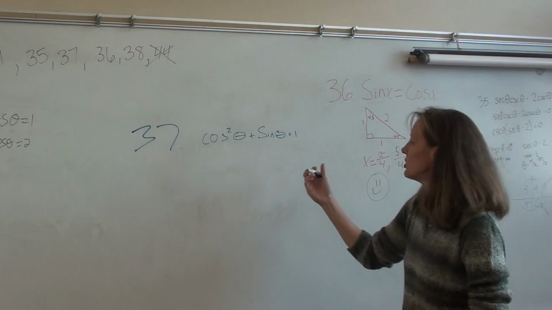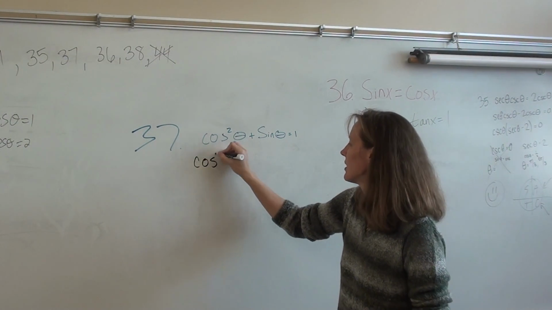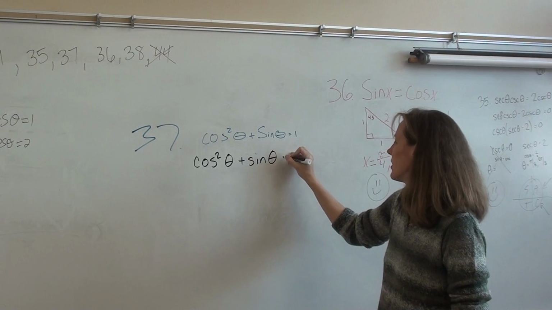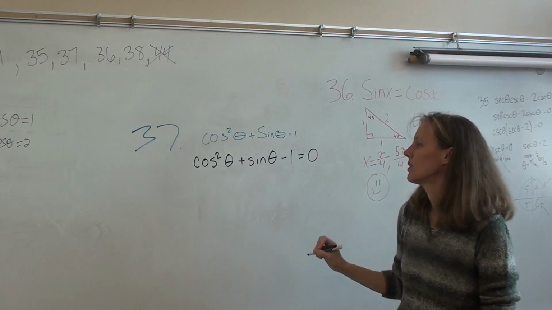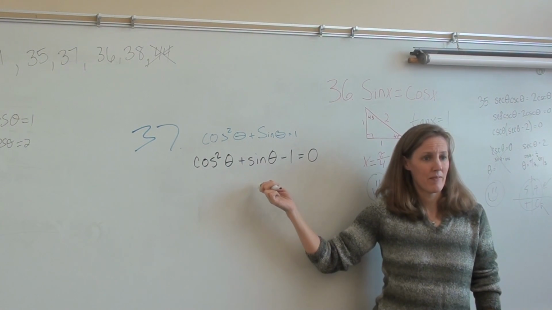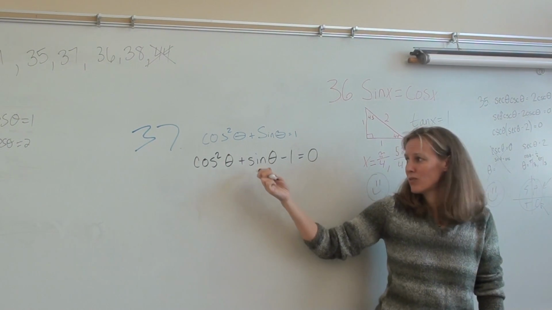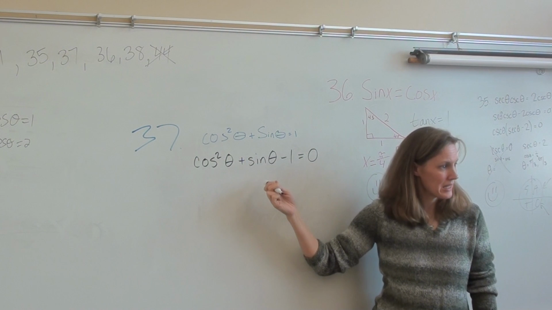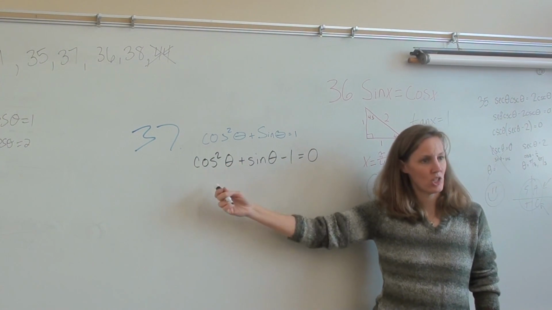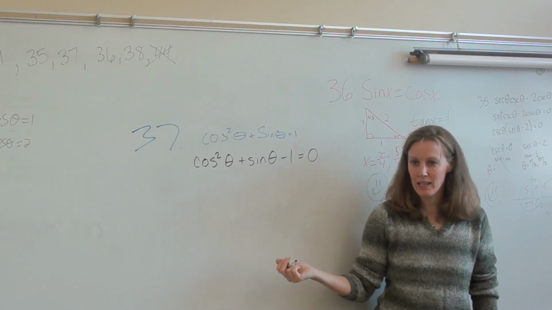So the first thing we're going to do is set this equal to 0. Then normally the next thing we would do would be to factor, right? This one's not going to factor though. You've got cosines and sines all mixed up, right? When you need to change the functions, that's when you're going to have to use an identity.